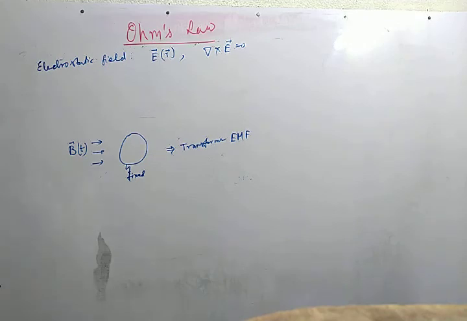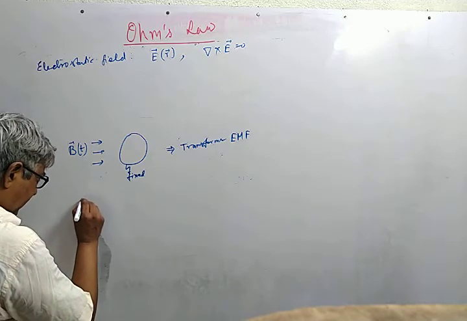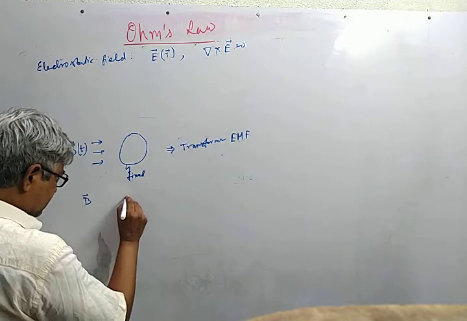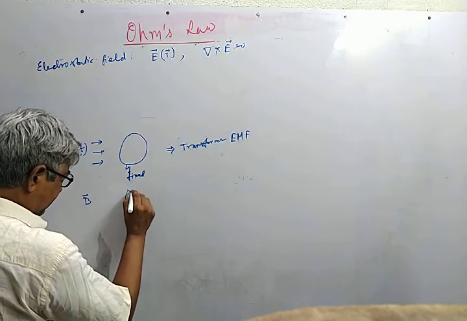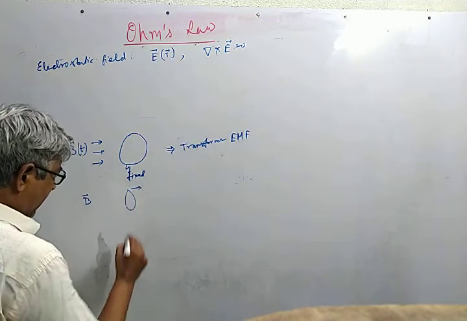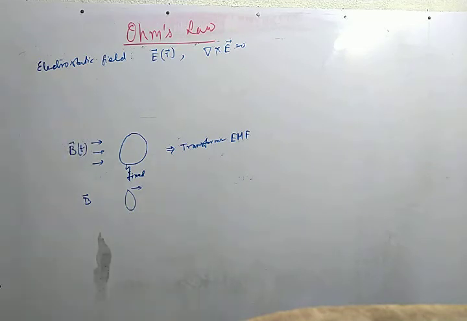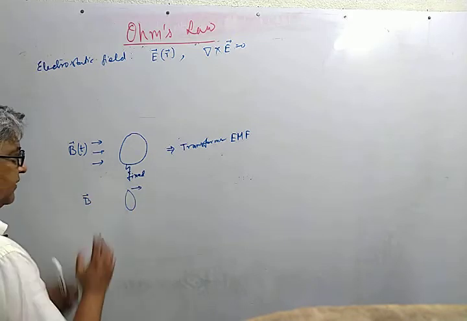Another thing that may happen is that we have a constant B, and a circuit is allowed to move in this field. A circuit moves in a constant magnetic field.